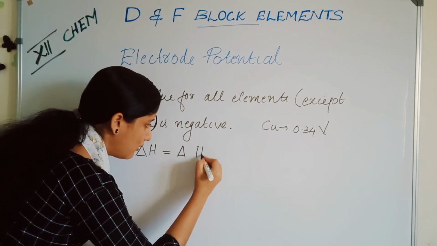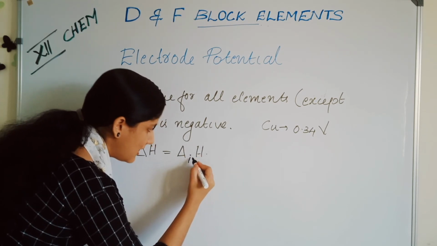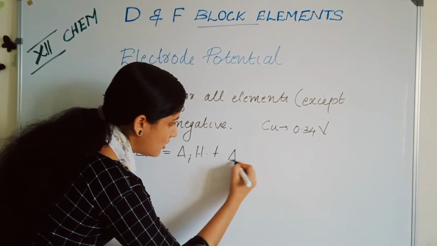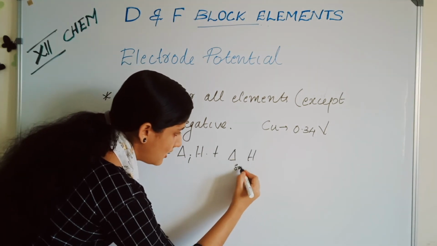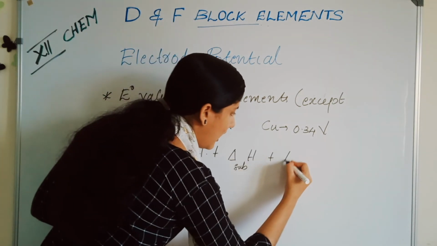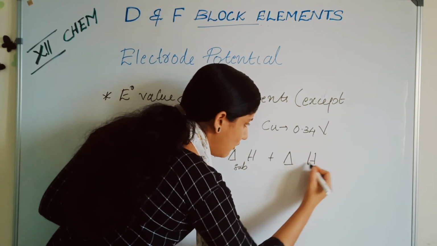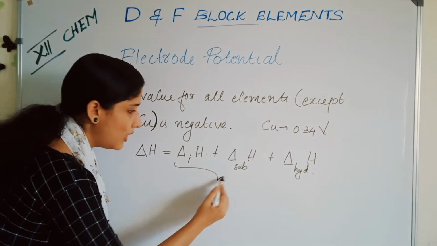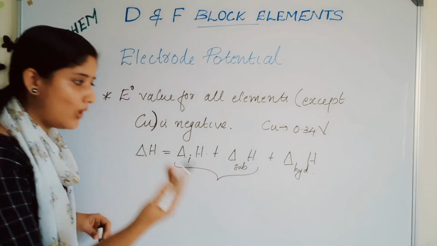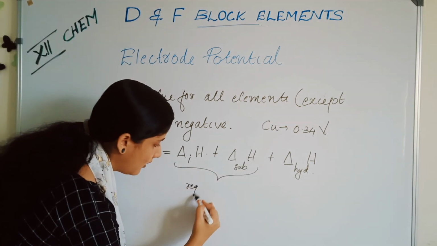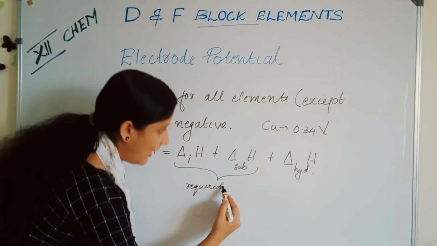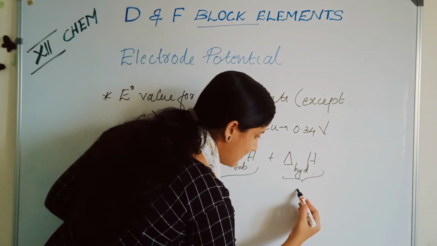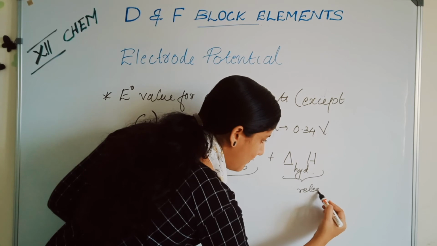Delta H of ionization enthalpy plus delta H of atomization or the sublimation plus hydration enthalpy, delta H of hydration. We studied that these two enthalpies are the energy required, and this is the energy released.